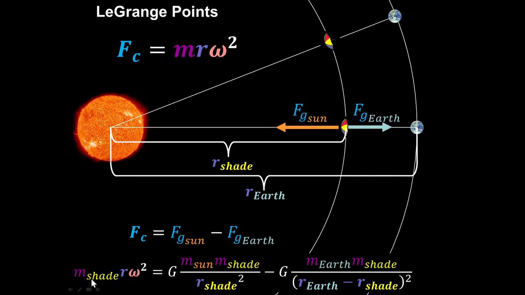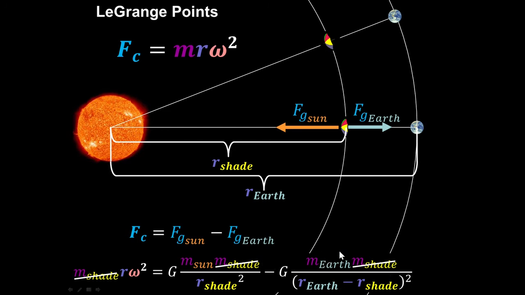There's the mass of the shade on this side, and the mass of the shade there. It all cancels out. Let me remind you that this is the Universal Gravitational Equation: G m1 m2 divided by r squared. That was just the force of the sun.